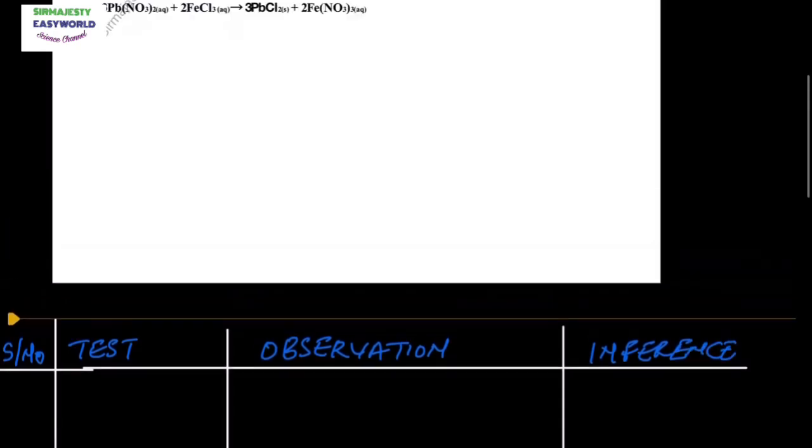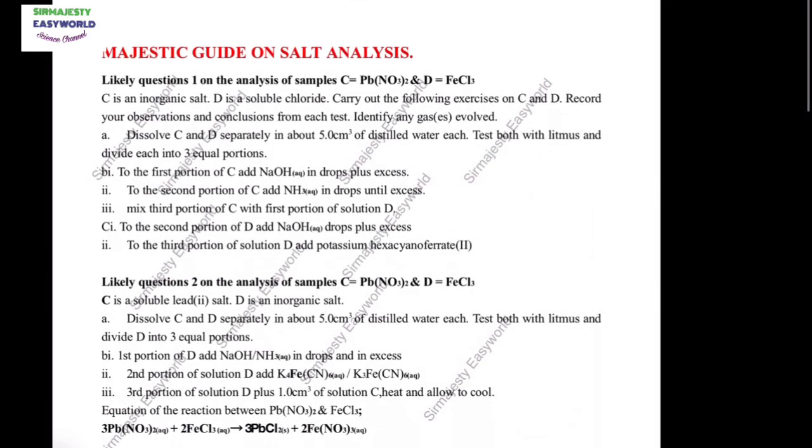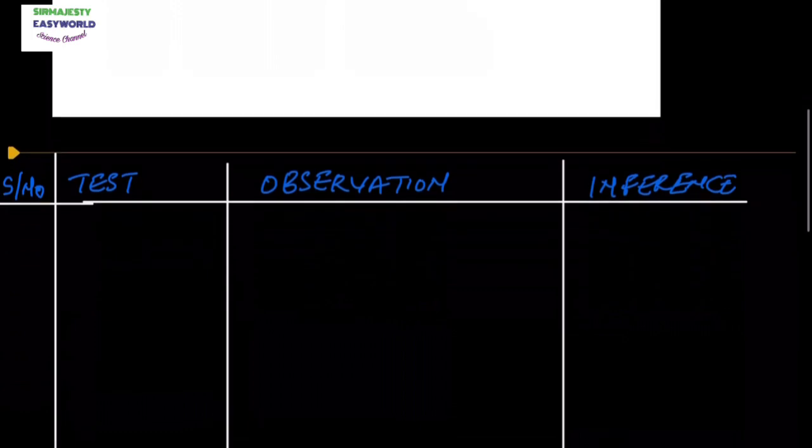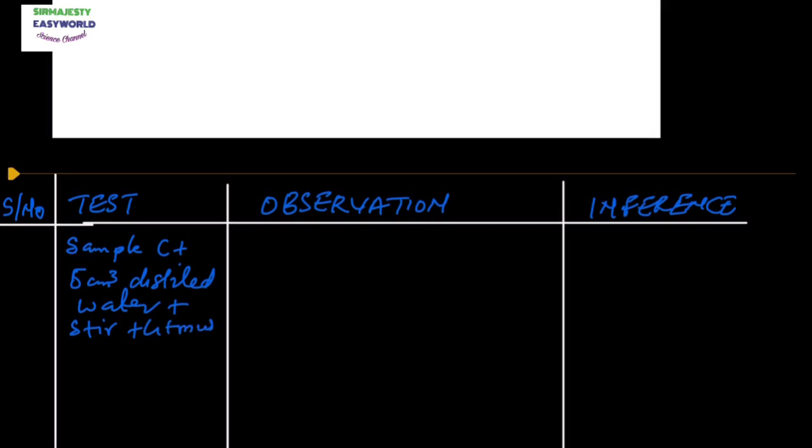For the likely question 1, the A says dissolve C and D separately, each, so you will be told to dissolve both. So there will be sample C plus 5 cm cube distilled water, plus stir, then plus litmus. Of course, this is maybe 1A.